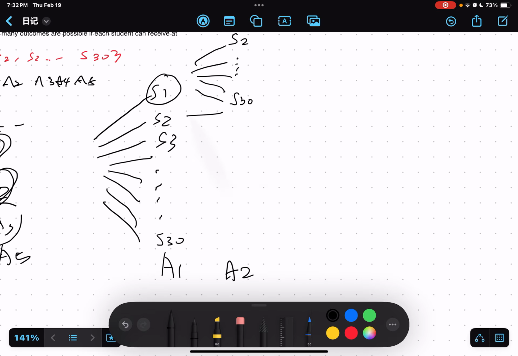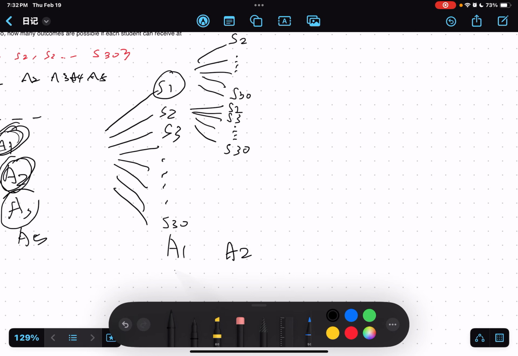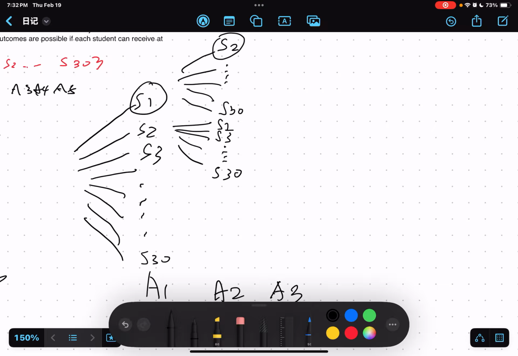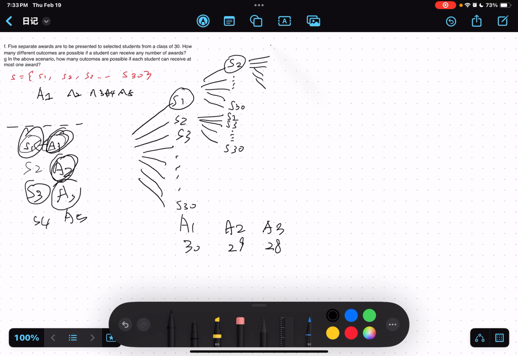Similarly, we choose from S1, S3 to S30. So we have 30 ways for step 1, 29 ways for step 2, and 28 ways for step 3. Why? Because when we have already chosen these, we have the remaining 28 from step 3 to step 30. And all of these need to be multiplied together.